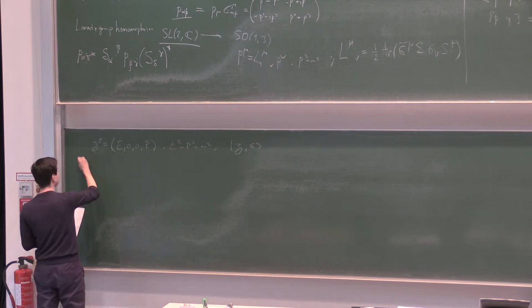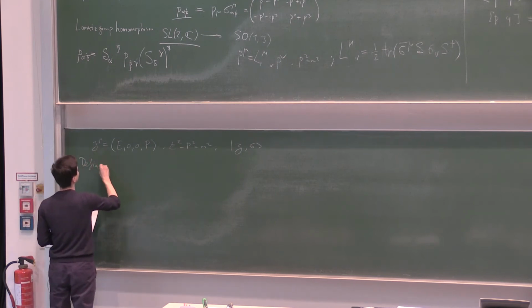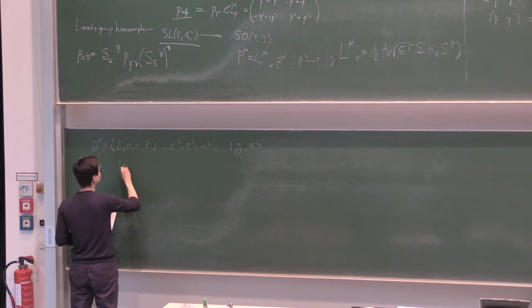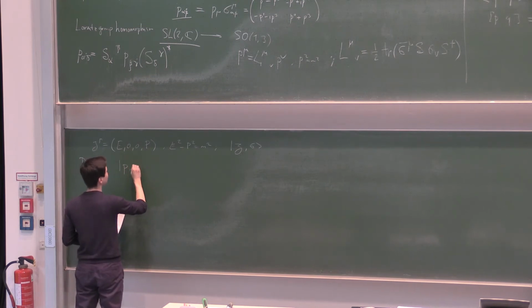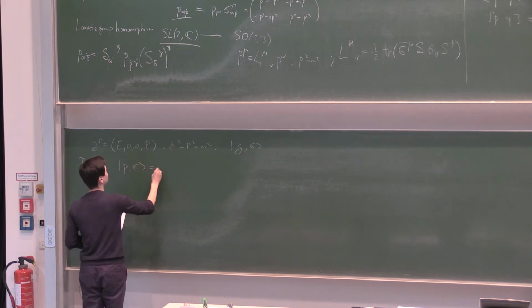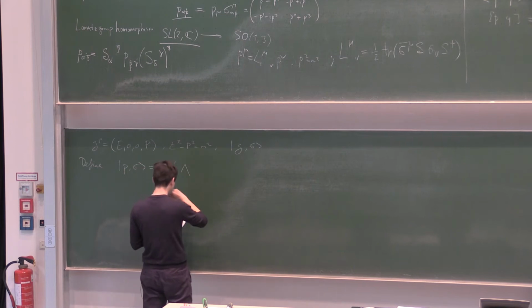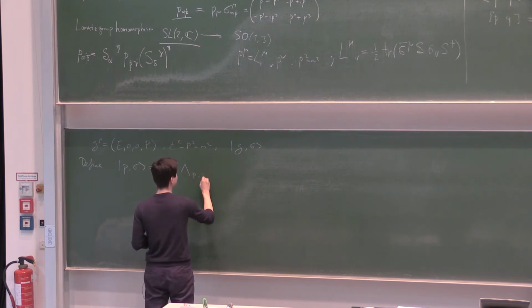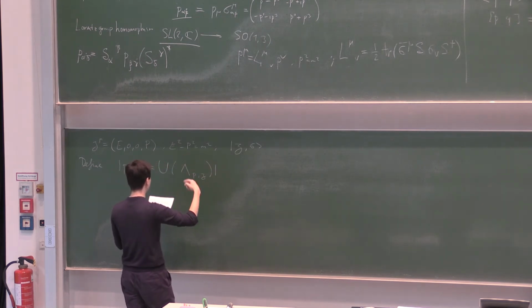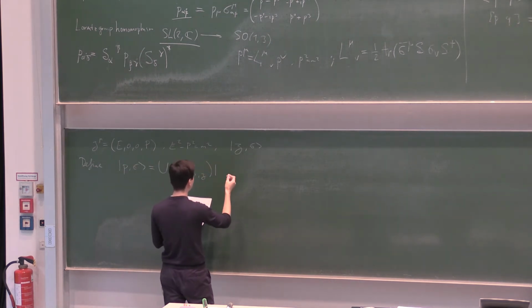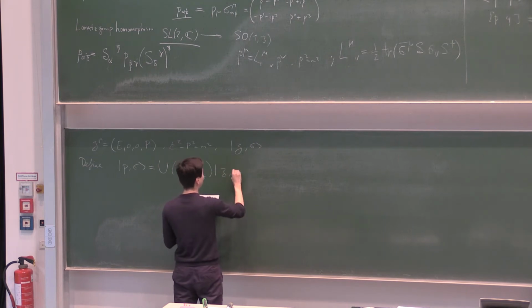So let us define any other state of the same mass by a representation of the Lorentz group, where we will be acting with this infinite dimensional unitary rep of Poincare on this state.